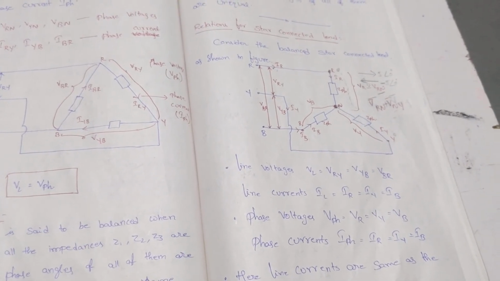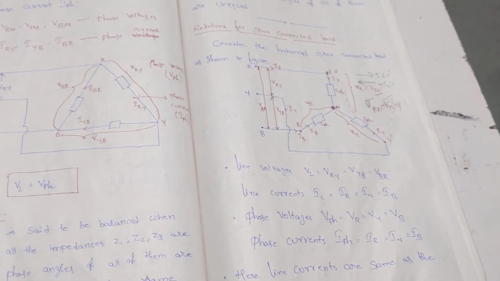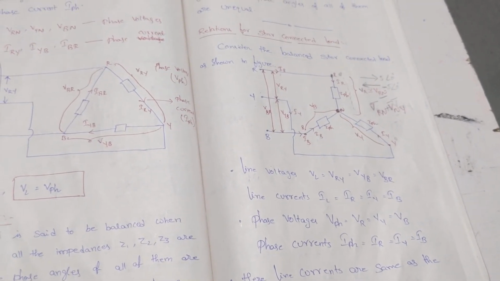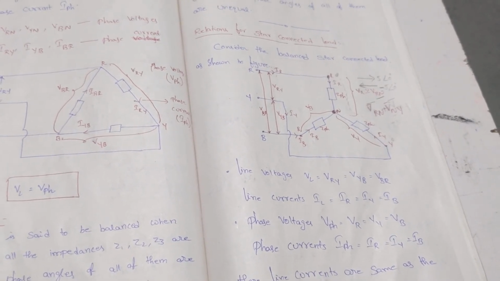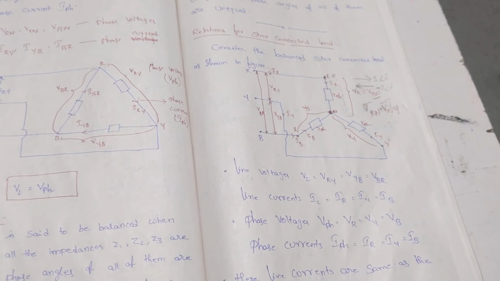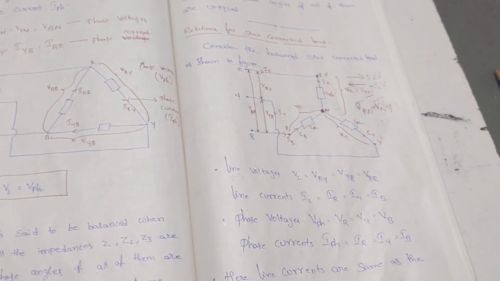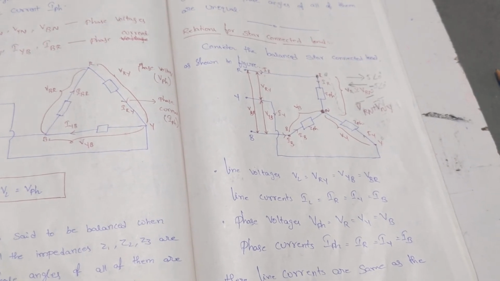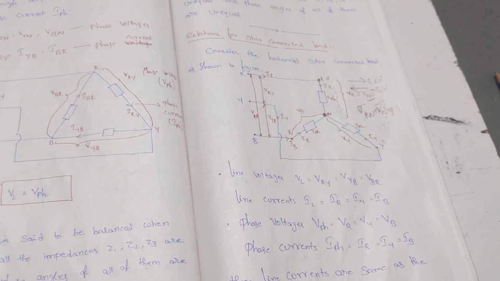If you know the relation, what is the phase difference between voltage and current in a particular load. If I am considering a resistive load, voltage and current are in phase.